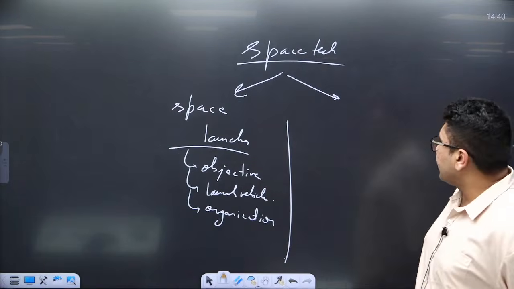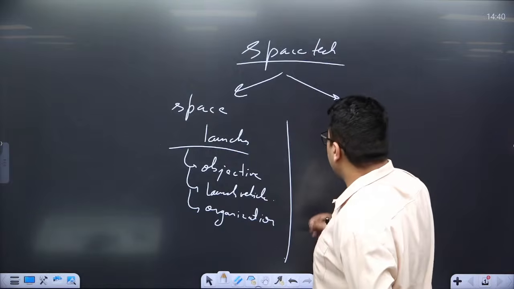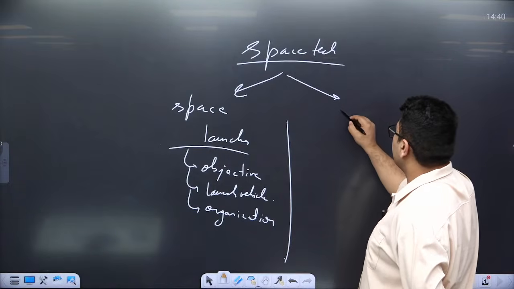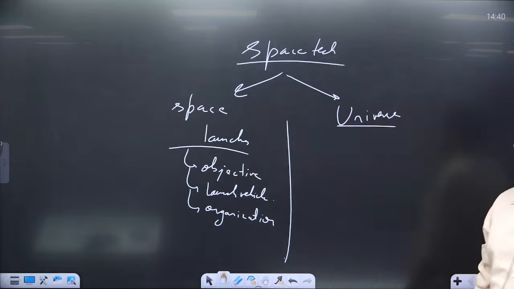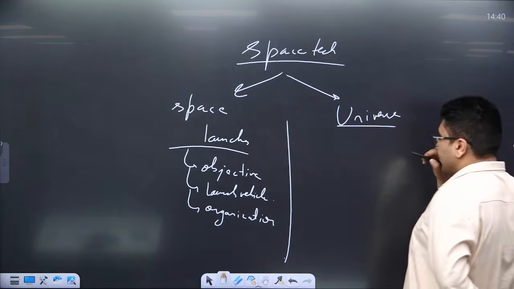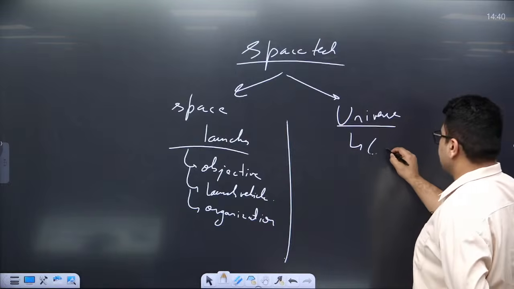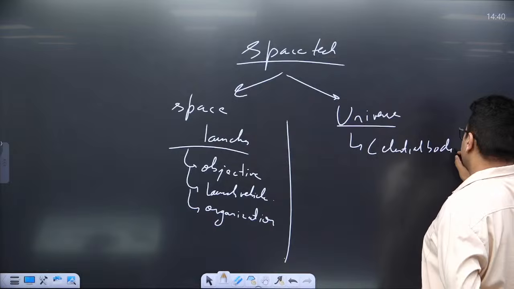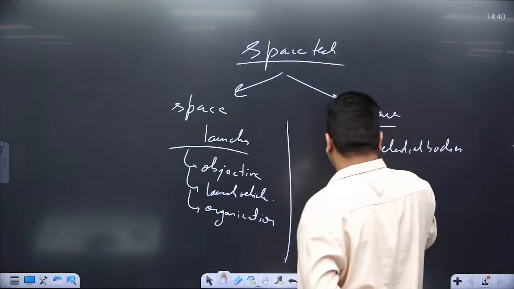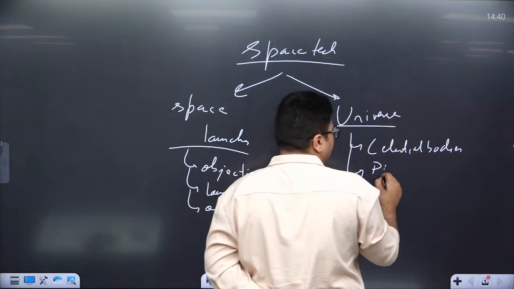The second is about the universe in general. So when I say universe, what I am trying to emphasize is the different celestial bodies that exist and the different phenomena.